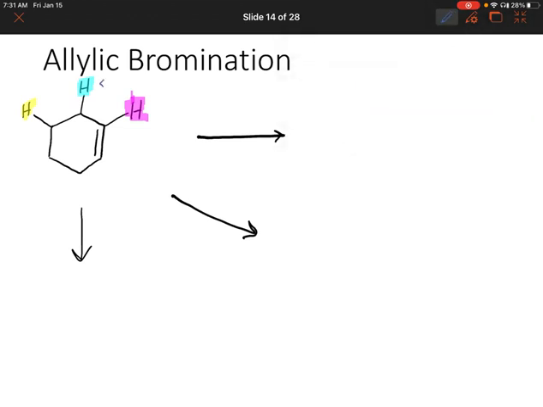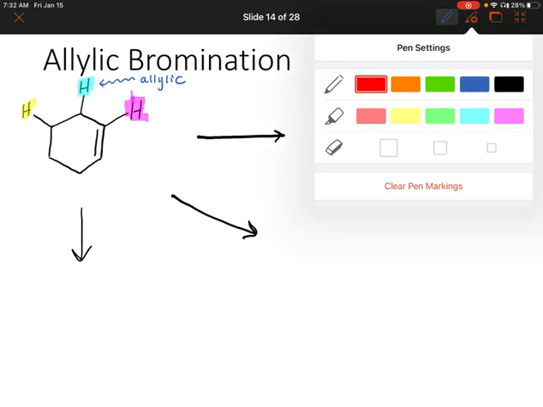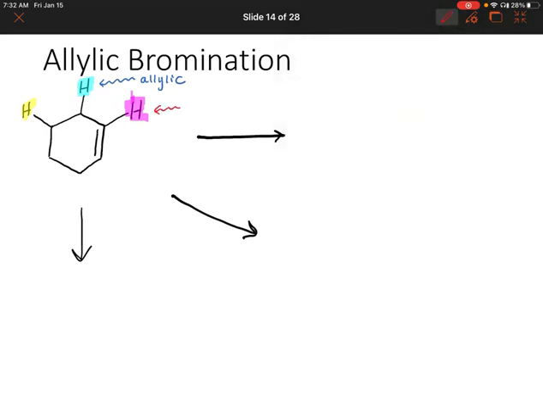So the blue hydrogen is at the allylic position. So that is 1 carbon away from the double bond. And then the purple hydrogen is our vinylic hydrogen. So that's attached to one of the carbons on the double bond.